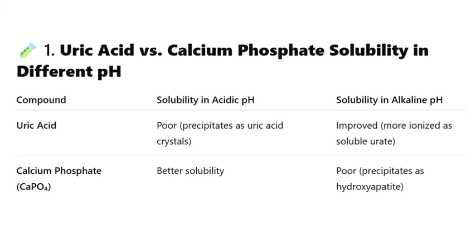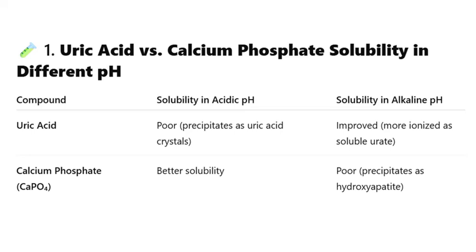So we know that calcium phosphate precipitates in an alkaline environment and uric acid precipitates in an acidic environment. In tumor lysis syndrome, we try to alkalinize urine to decrease the precipitation of uric acid crystals, although we know that it can produce more calcium phosphate crystals.